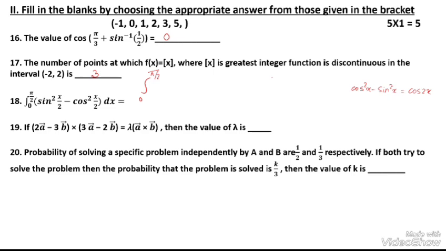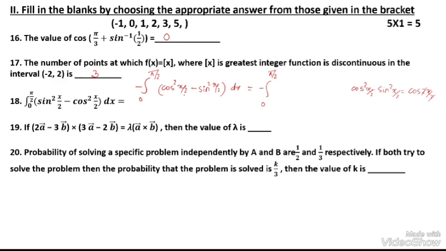Here I can write sin square x by 2 minus cos square x by 2, taking minus as common, then it becomes minus of cos square x by 2 minus sin square x by 2 into dx. Now I can replace it with x by 2, so the 2 gets cancelled. It becomes cos x. Now I will take the minus outside, with limits 0 to pi by 2.